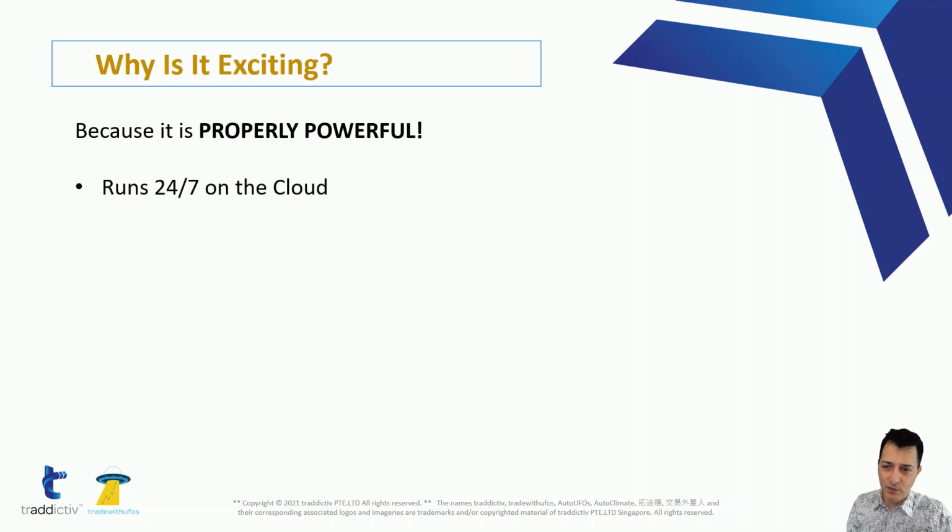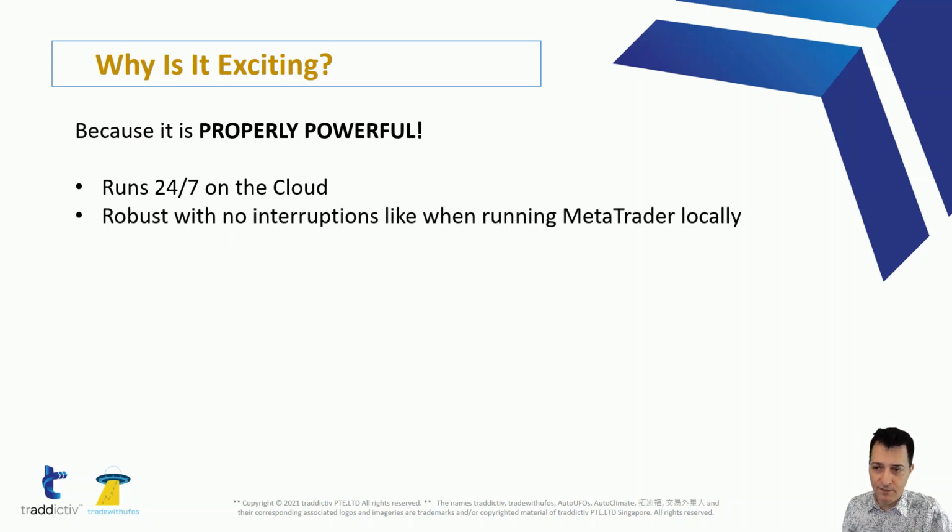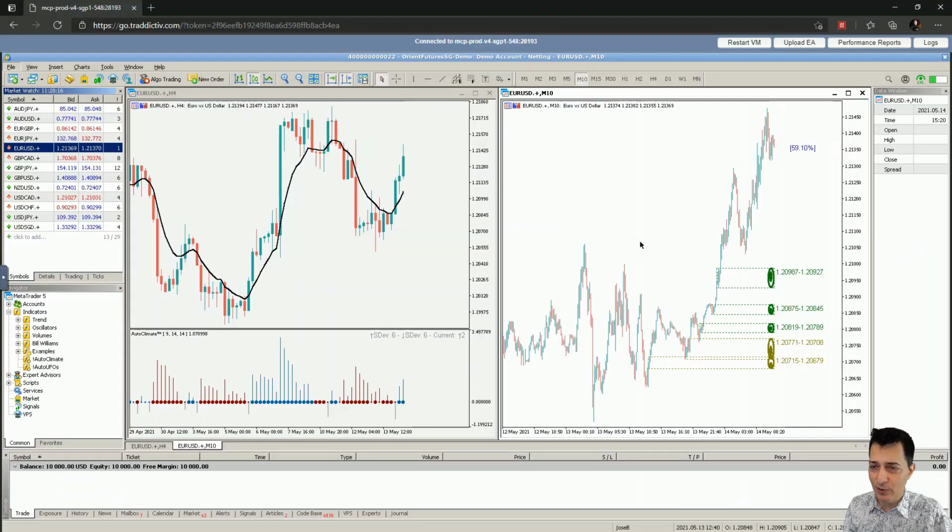Why is it powerful? Well, because our AutoUFO in MetaTrader solution runs 24/7 on the cloud. It's not like a regular MetaTrader platform that you install in your Windows PC that may hang or your internet may get disconnected or things like that. This is a MetaTrader solution that runs 24 hours on the cloud. So if I go back to MetaTrader, you may realize that it's running within a browser window, right?